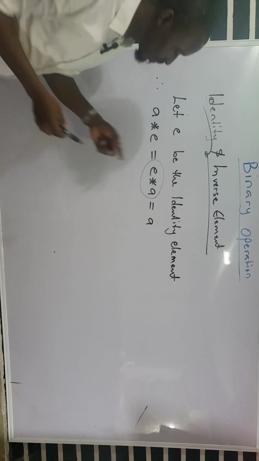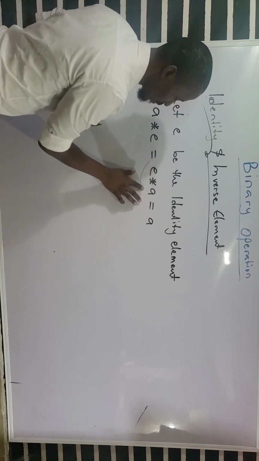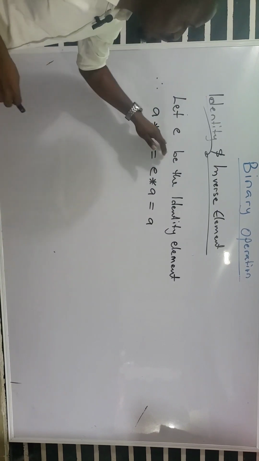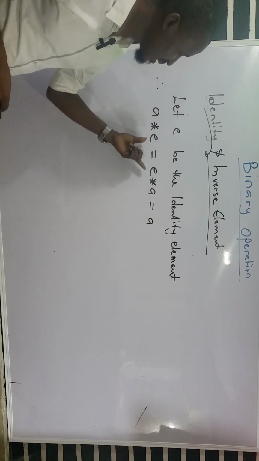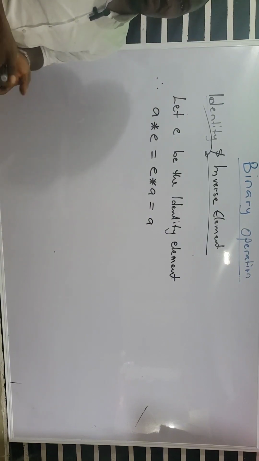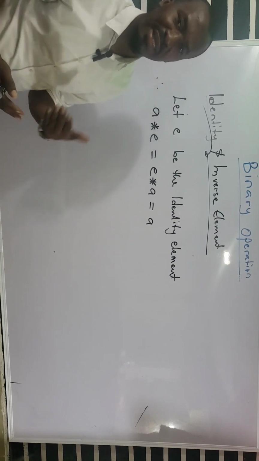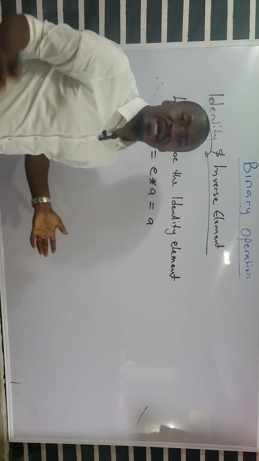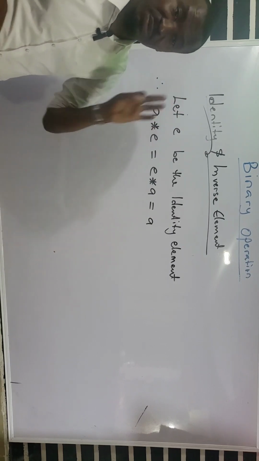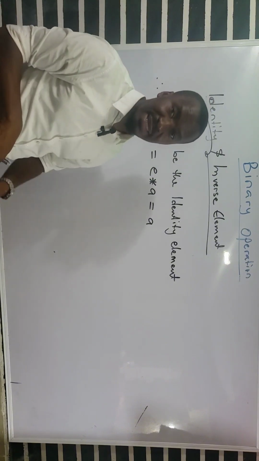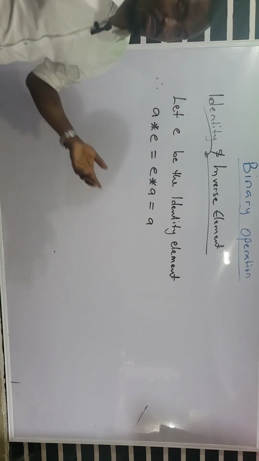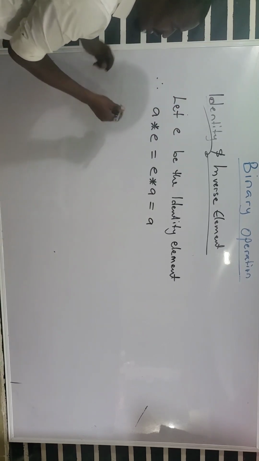What they are trying to say here is that for an element to be an identity element, it must be commutative. That does not mean that whenever you are asked to solve a problem on identity, you should not check whether they are commutative. Most of the time, all the identities are commutative. But that's the condition: not just giving you back your element, but it also has to be commutative.